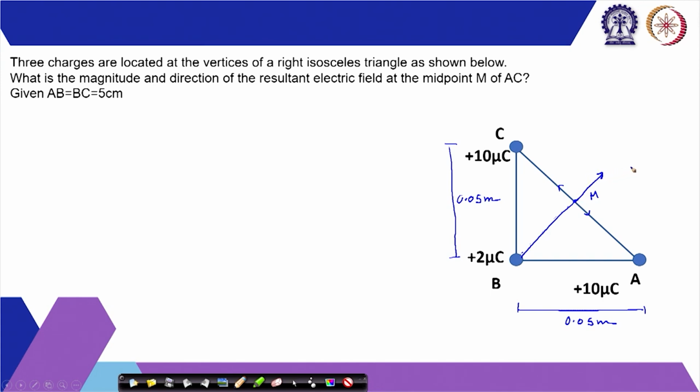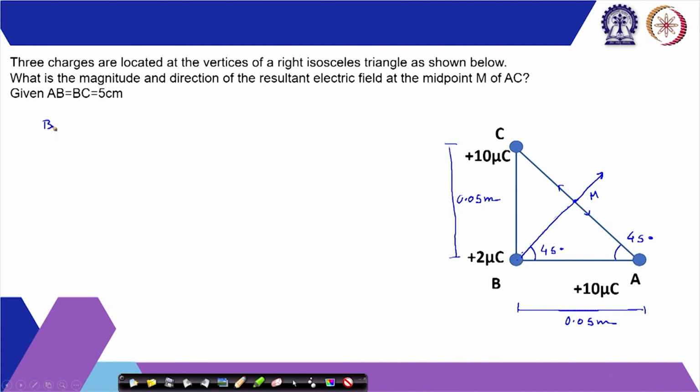Now, this is an isosceles triangle. So, we have a 45 degree angle here, and we have a 45 degree angle here, because our ABC is a right angle. So, we can say that BM is equal to MA.